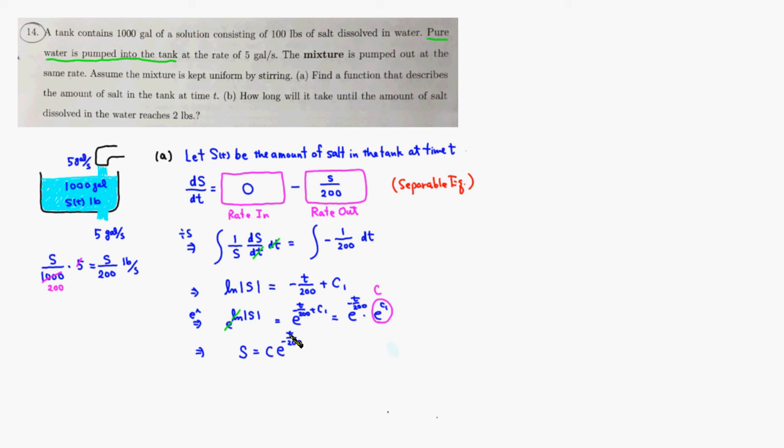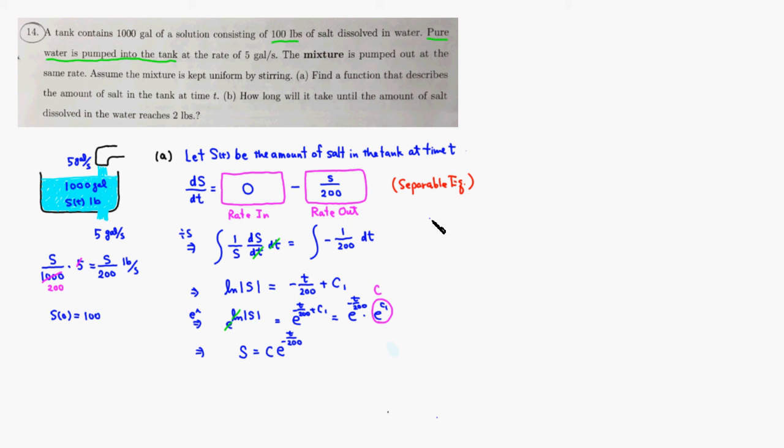Another thing we need to use is that initially it contains 100 pounds of salt, which means the amount of salt at time 0 is going to be 100 pounds. So we can use that initial condition to find the value of c.